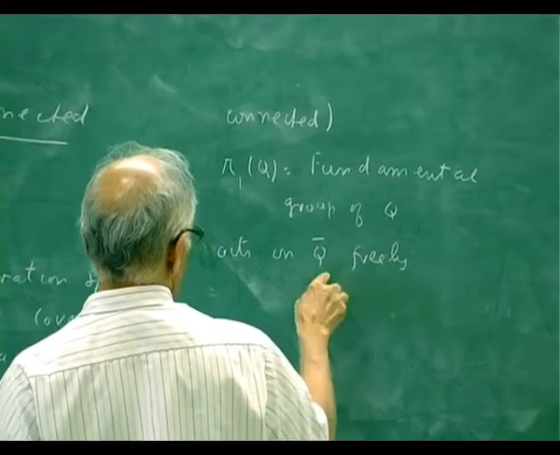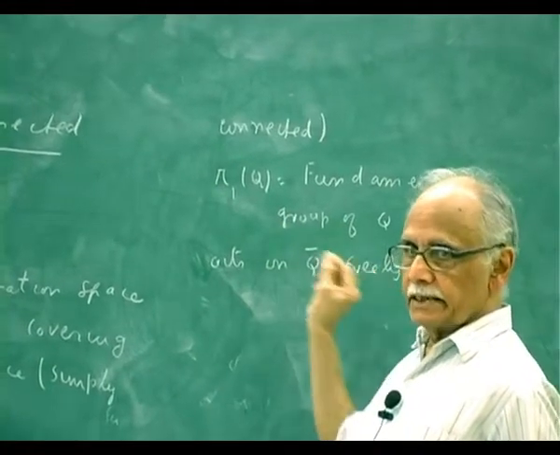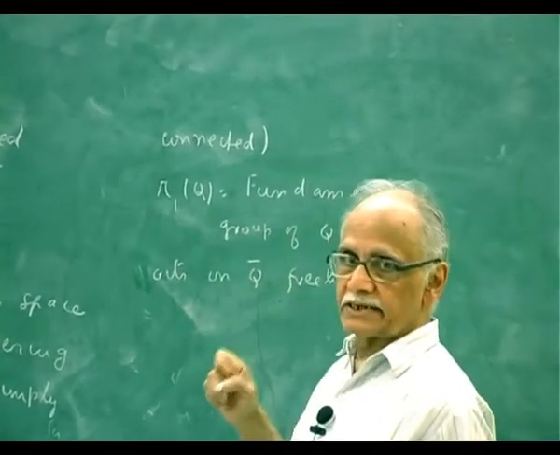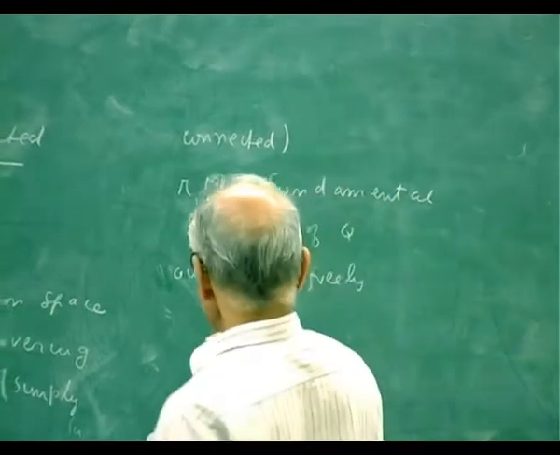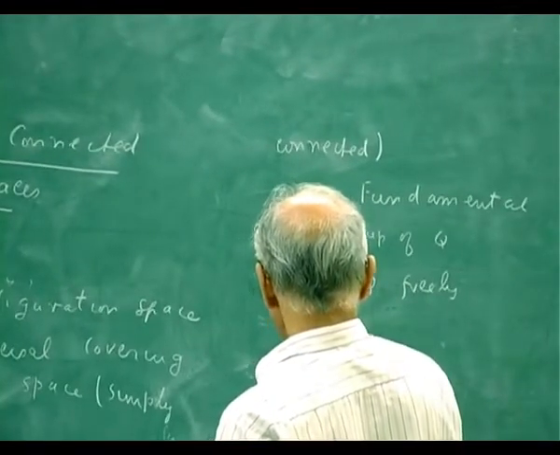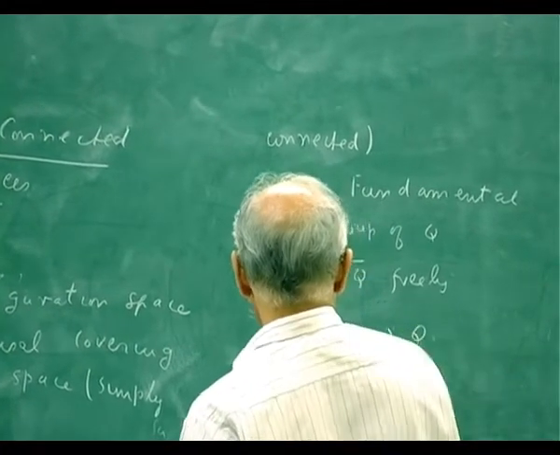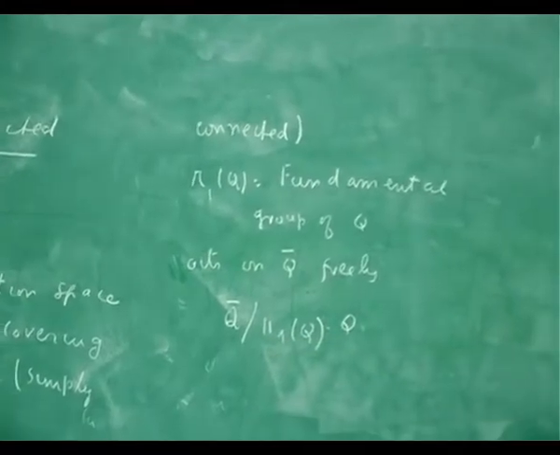Freely is just to fix that any element here has no fixed point. Such that Q bar quotiented by pi 1 of Q is Q. So you identify points which are connected by pi 1 of Q.